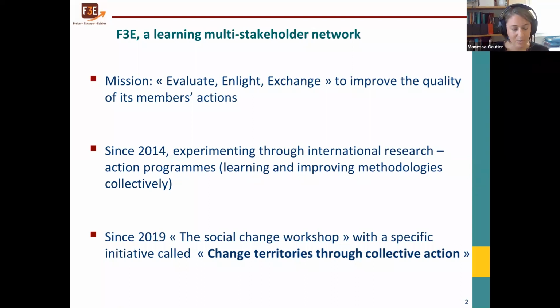And we are now trying to enrich these approaches with a new program called the Social Change Workshop, which is also looking at improving the implementation of gender approaches with an intersectionality perspective, and at seeing how change-oriented approaches can be relevant at the territorial scale.